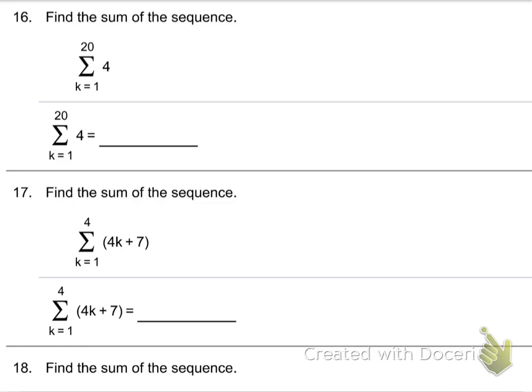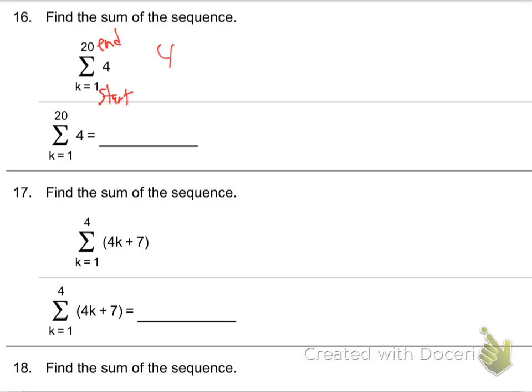Okay, so here we go. We start at 1 and we end at 20, right? Now the trick is there's no place to plug the k in, is there? If it said 4k or 4 plus k or something like that, then I would have a spot to plug in the k. But there's no place at all to plug in the k. So what's the first term? Well, it's just 4.